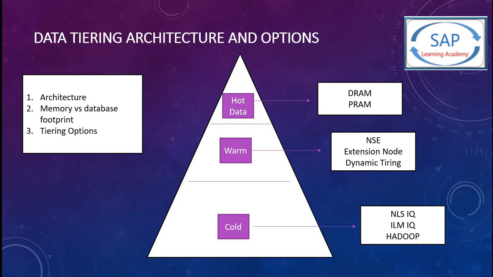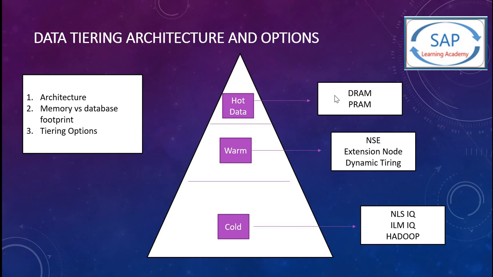So you can keep those data in cold storage, and your overall database can be reduced. So using the warm data technologies, you can reduce the memory footprint, and using the cold, you can reduce the database footprint.